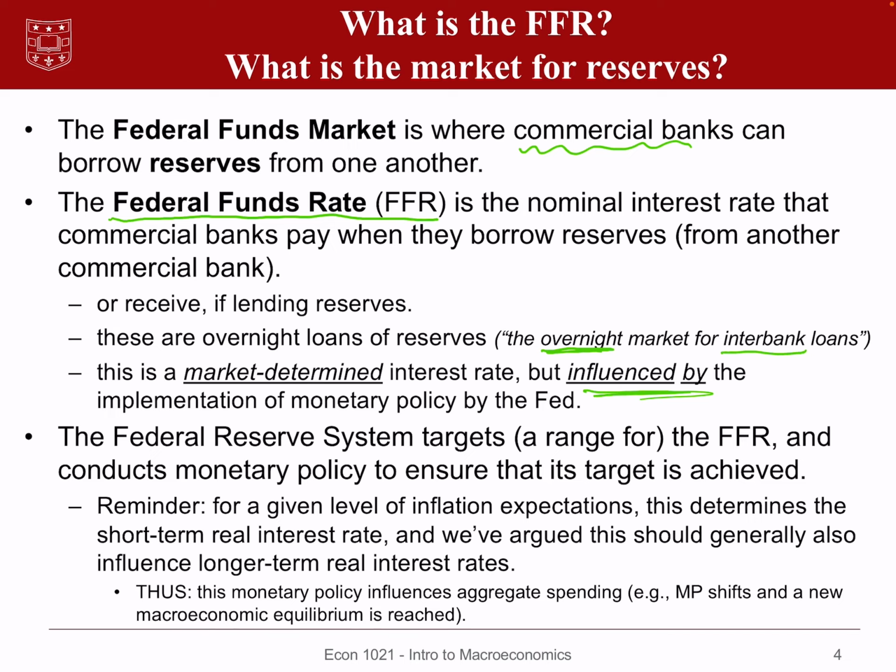That should influence spending in the macroeconomy, either because it is directly related to spending that is influenced by short-term interest rates, or as we saw in the previous notes, changes in short-term interest rates might generally influence long-term interest rates as well, and spending on things like houses with mortgages or cars with car loans. And so monetary policy is going to influence aggregate spending through the Fed's target for the Fed funds rate.